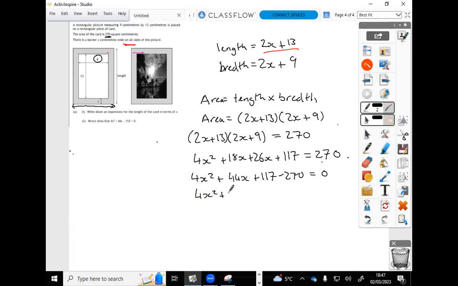Just tidy that up one more time: minus 153 equals 0. That's part B.